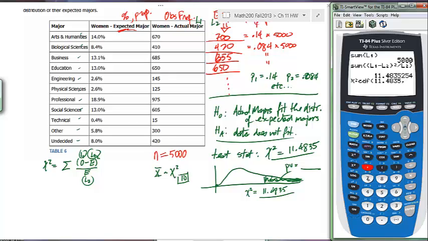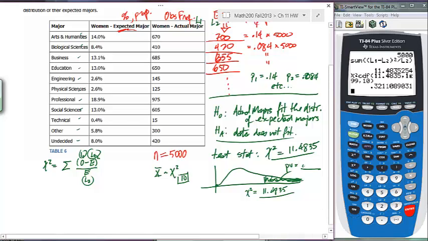Our high value is infinity. Let's just call that 1 e to the 99. And it takes a third argument, which is our degrees of freedom, which we found to be 10. And so that's going to give us a p-value of 0.3211.